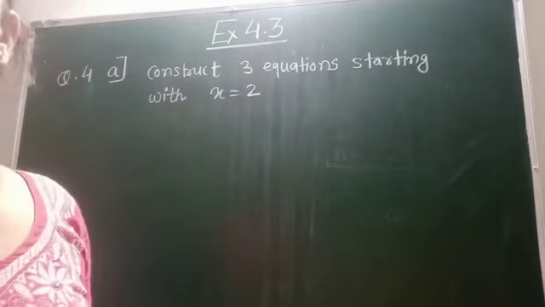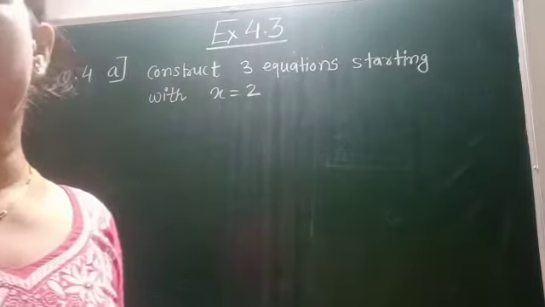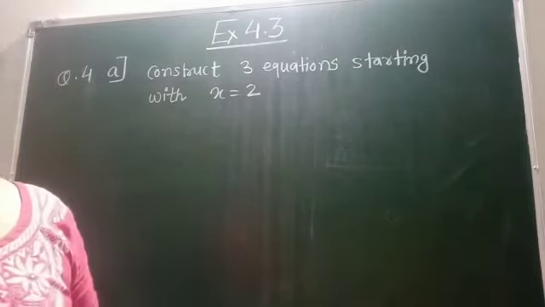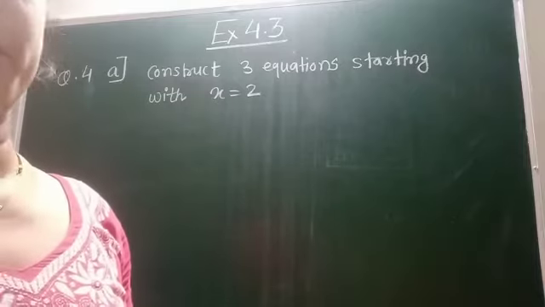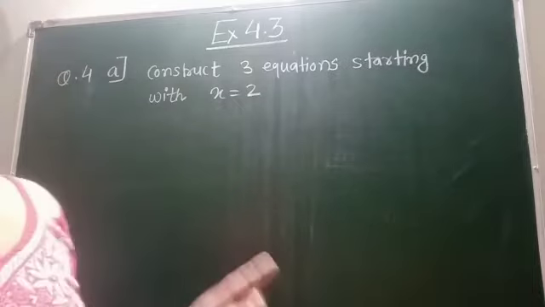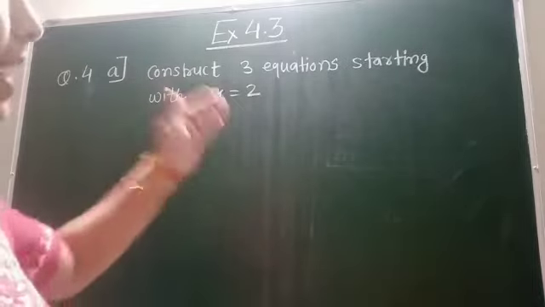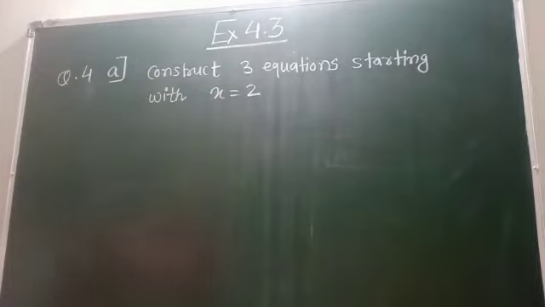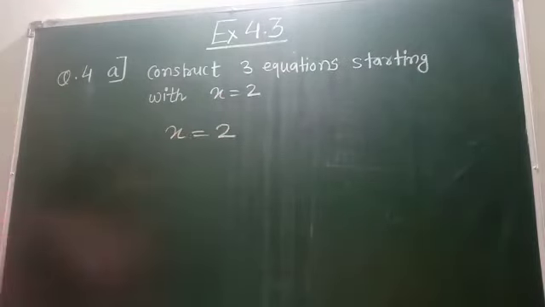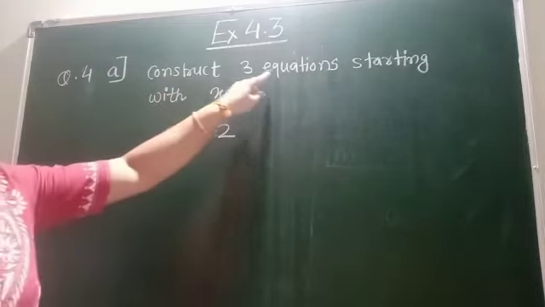You can multiply by the same number on both sides, then only your equation will remain the same. Similarly, if you divide both sides by the same number, then only your equation will remain the same. So the same property we will apply here. Now what is given here? x equals 2. With the help of this, now we will construct three equations.